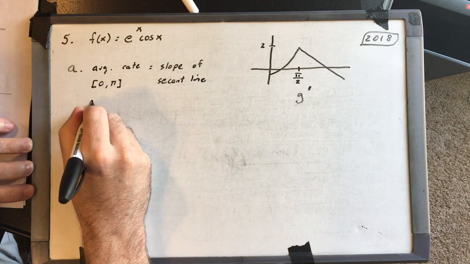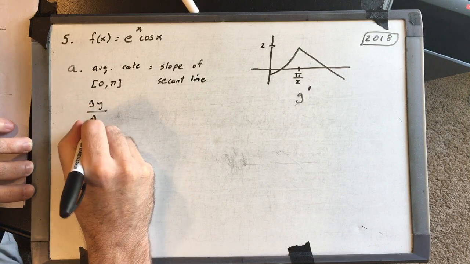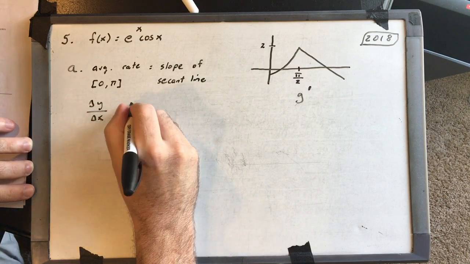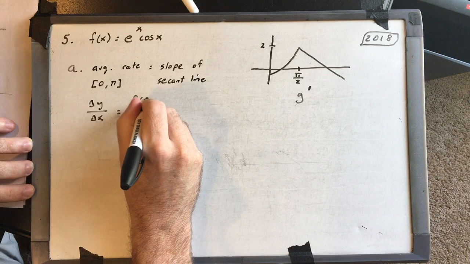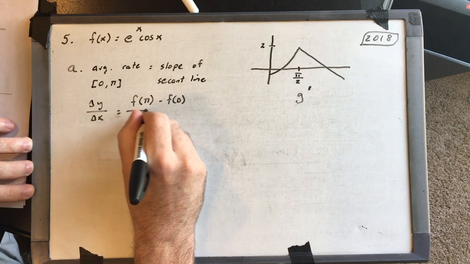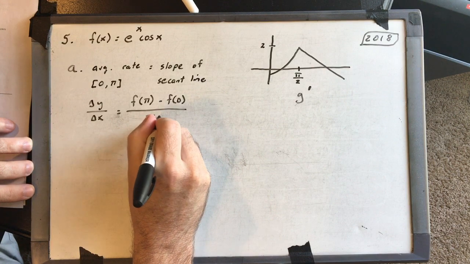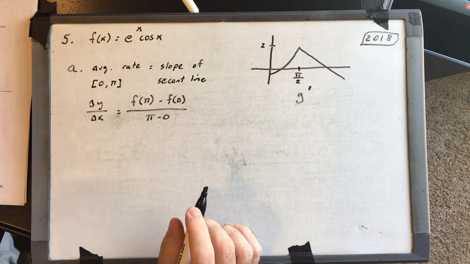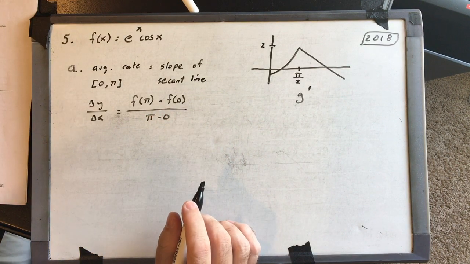To get the slope, that's the change in y over the change in x. So that's f of pi minus f of 0 over pi minus 0. So the denominator's just going to be pi.